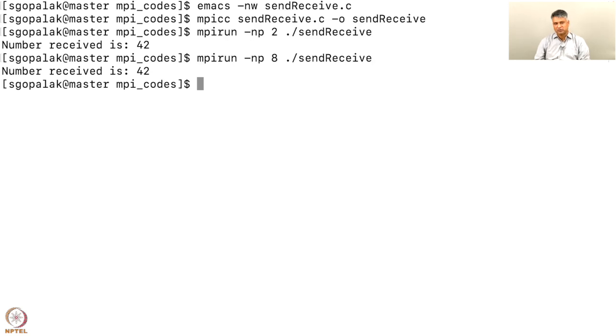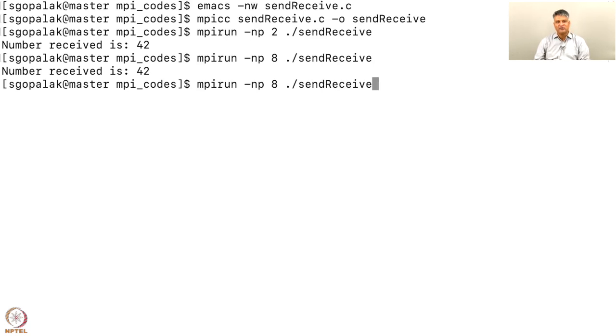The 7 other processes, 1 through 7, are sending data to process 0. But the moment one process, we don't know which one, delivers this data, we then finish up with the communication and we are done. So only one output is received.